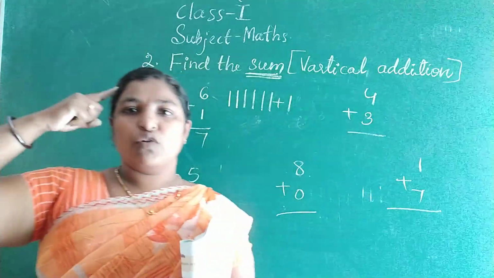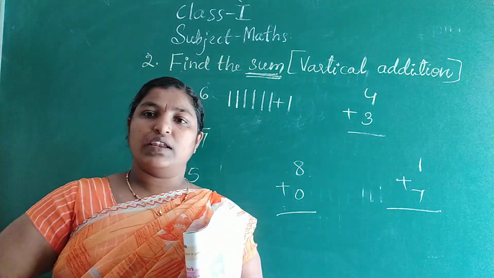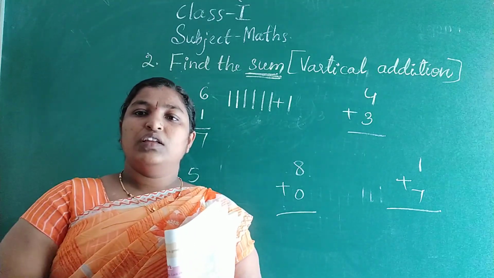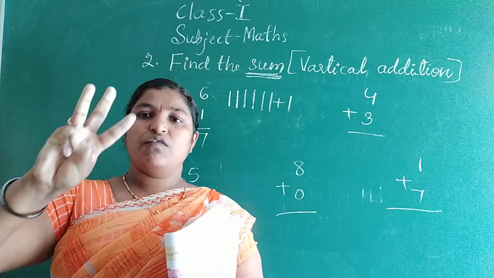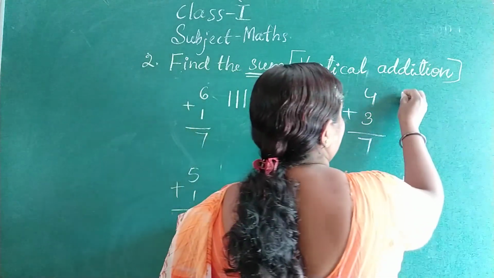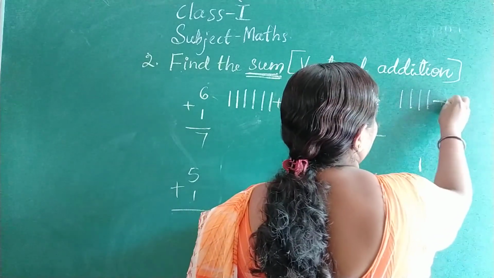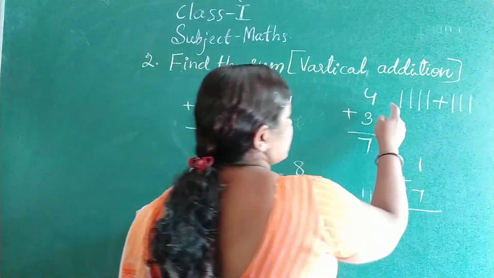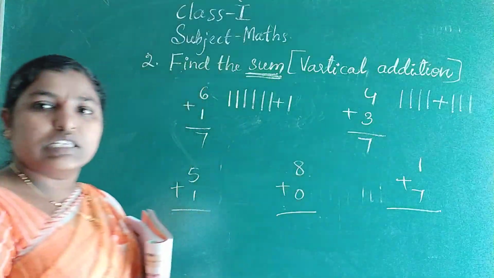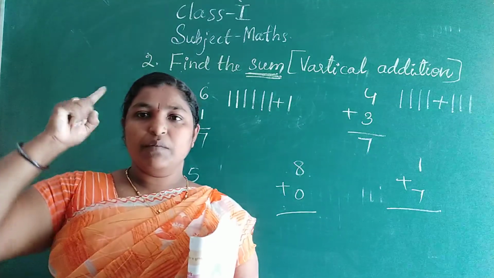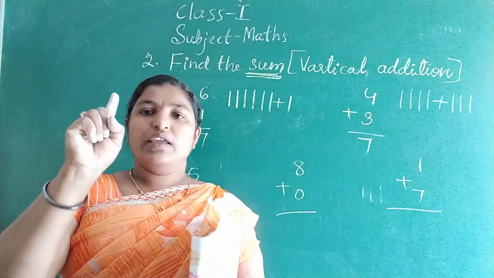Keep big number 4 in your mind, 3 in your hand. 4, then 3. 3, 4, 5, 6, 7. Answer is 7. 1, 2, 3, 4 plus 1, 2, 3. 1, 2, 3, 4, 5, 6, 7. Answer is 7. Next, 5 plus 1. 5, 6.